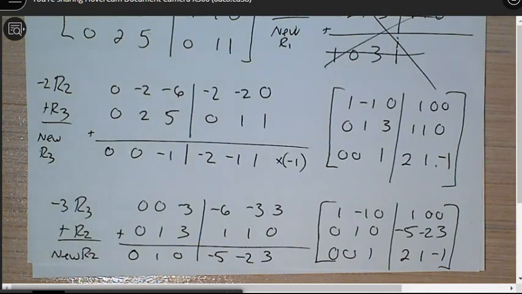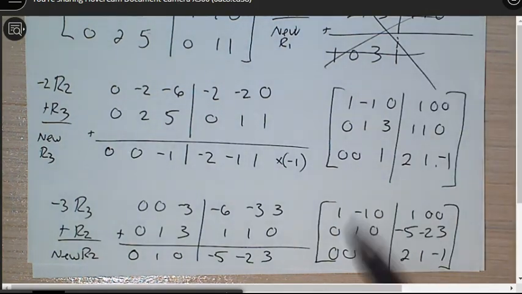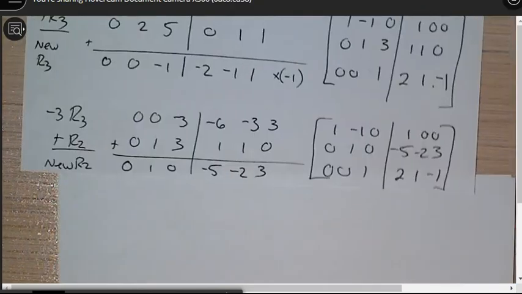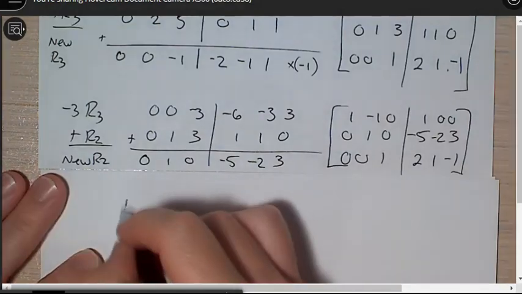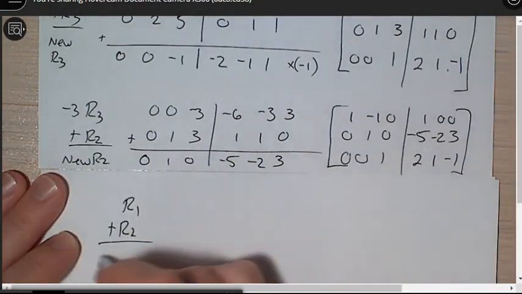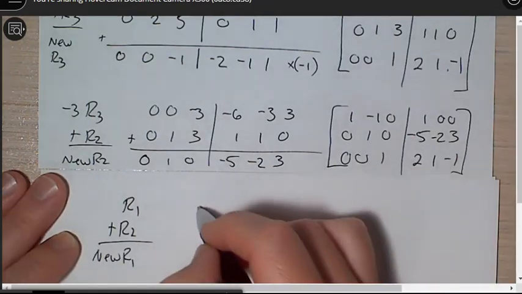Okay, and then now we can go back and do like we were trying to do back up here and messed up. Now we can just add these 2 rows together, and that will knock this back to 0, and then we should be good to go. So now we're going to take row 1, add that to row 2, and that'll give us a new row 1 where we have zeros all the way across there.